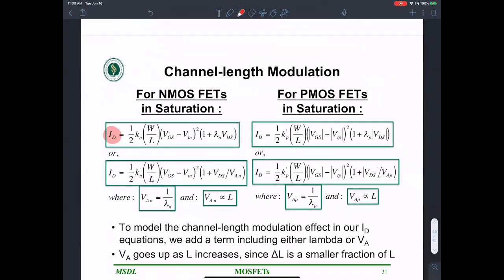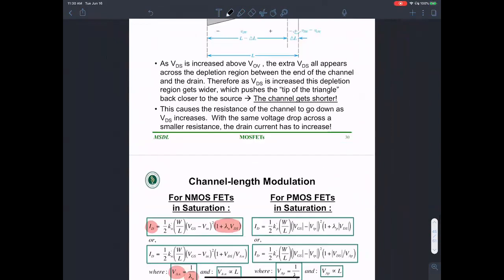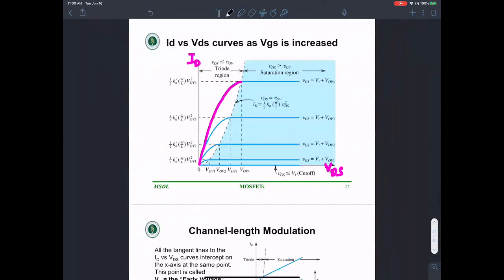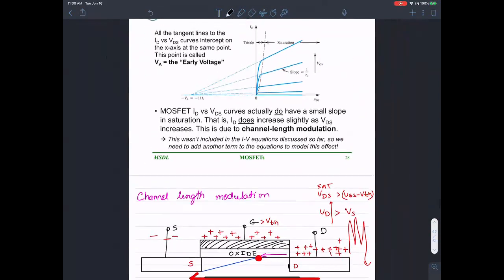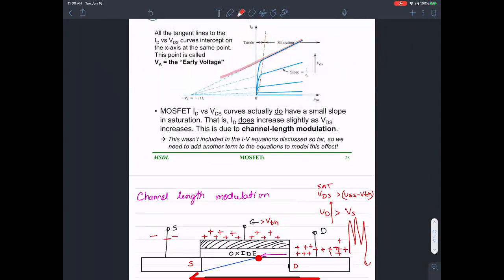In saturation region, ID is mu Cox W over L times (VGS minus VTH) squared times (1 plus lambda VDS). You can calculate this to be 1 over lambda, the early voltage. Like I mentioned earlier, if we go back to the slides and extrapolate this slope to the x-axis, they're all going to meet at what is known as the early voltage.